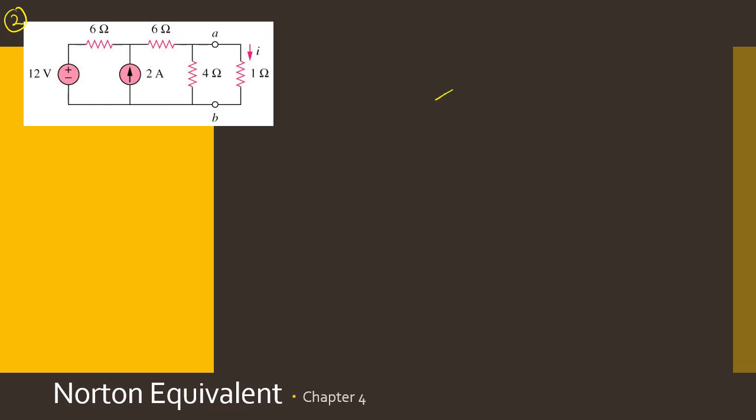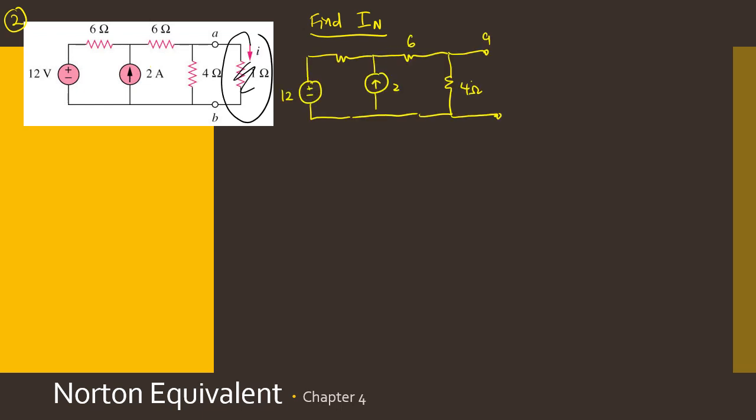So in order to find I Norton, because we already discussed the R Norton, you need to remove the load. Whatever load you have here, you need to remove it. So what is left is basically an open circuit like this. And then the next step is you want to find I Norton, right?